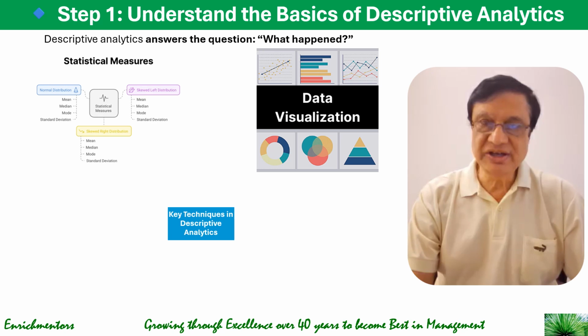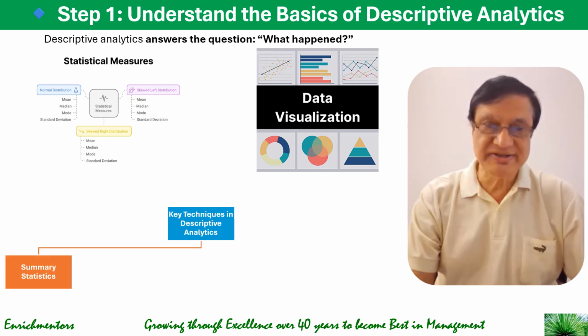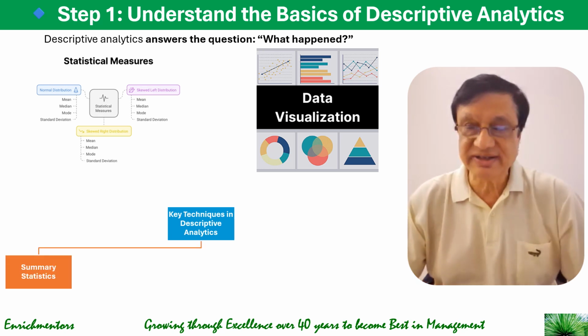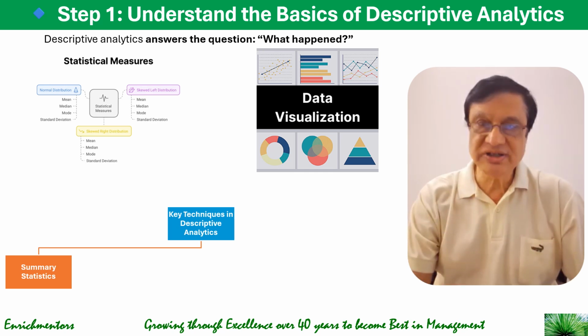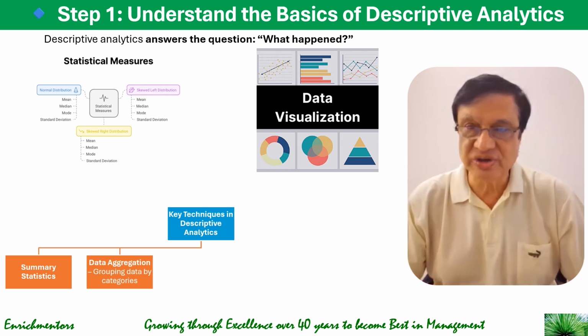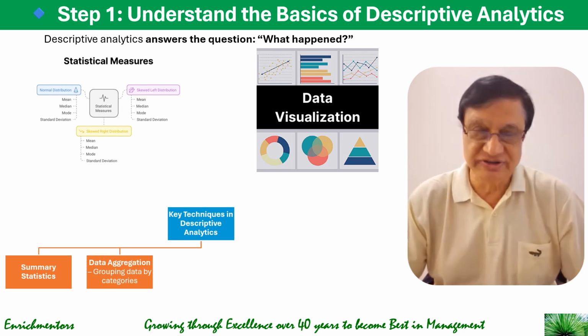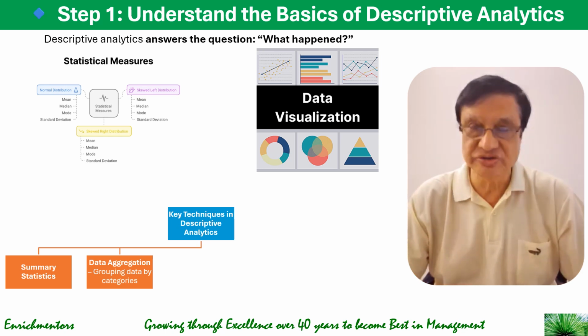First, you do summary statistics, which are things like mean, median, mode, standard deviation, and variance. The second is data aggregation, where you group data by categories, let's say sales by regions.